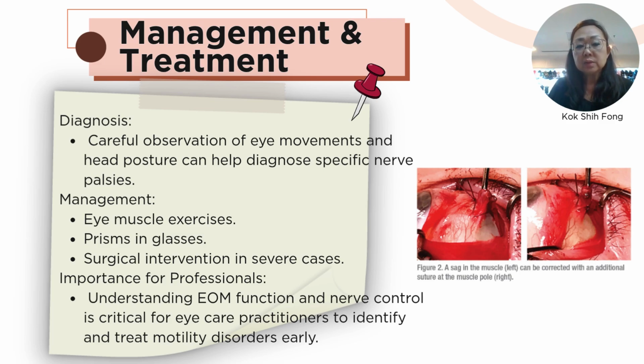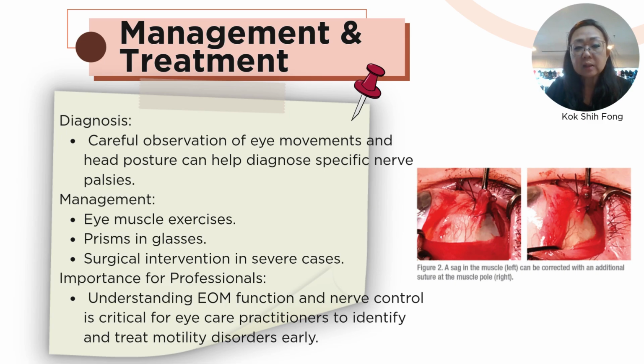Management options include eye exercises to strengthen the weak eye muscle, using prism lenses in glasses to realign the images temporarily, and using botulinum toxin injection, often known by its brand name Botox, to weaken overacting eye muscles. And finally, surgical correction if non-invasive methods fail, often by adjusting the length or the position of the eye muscle to restore alignment.